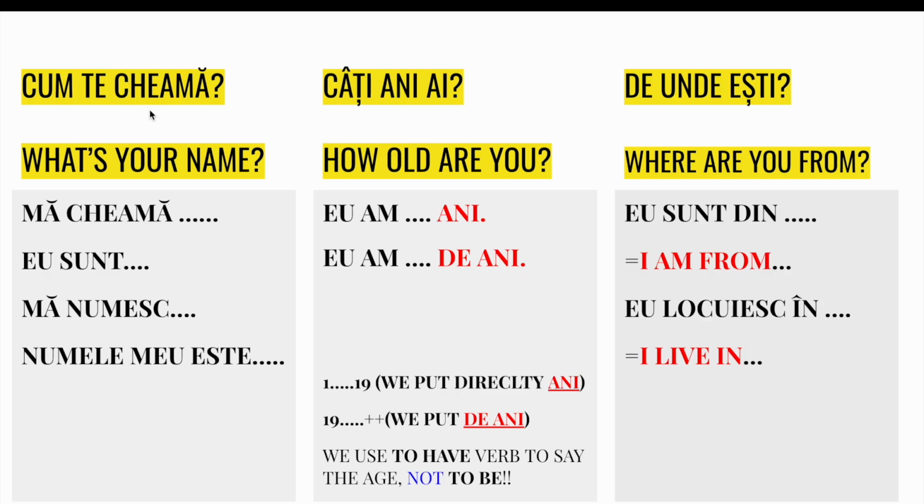"Cum te cheamă?" I'm sure that you can notice the fact that we have a special group of letters: "che." "Cum te cheamă?" And we have four ways to answer to what's your name, and you can choose which one you think is easier to pronounce.